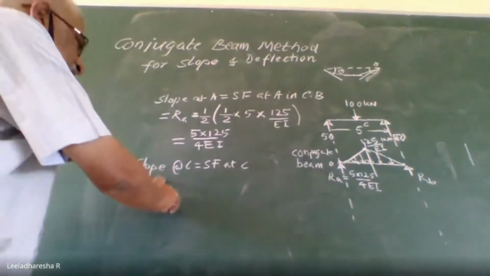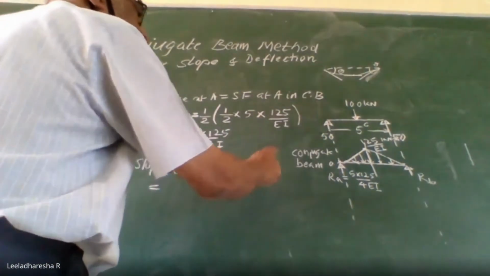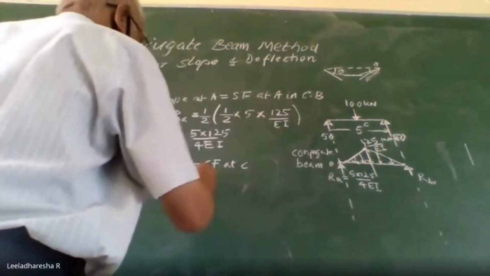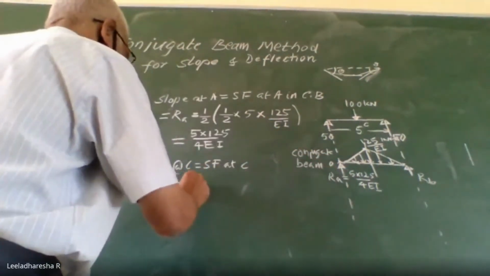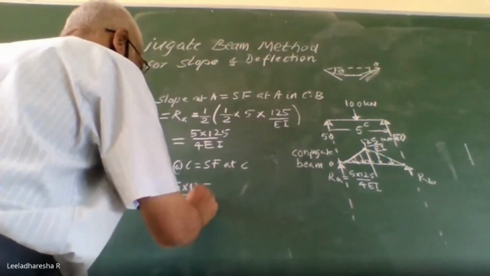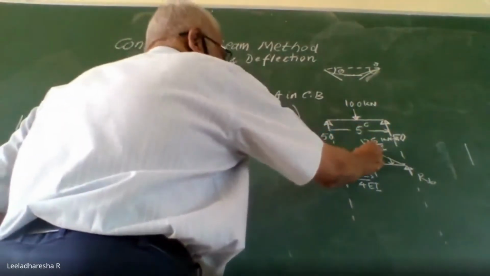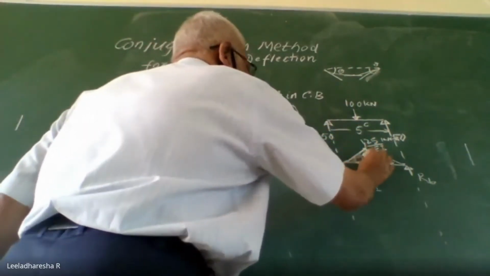So slope at C is equal to shear force at C, which is equal to 5 into 125 divided by 4 EI minus this part of the load.